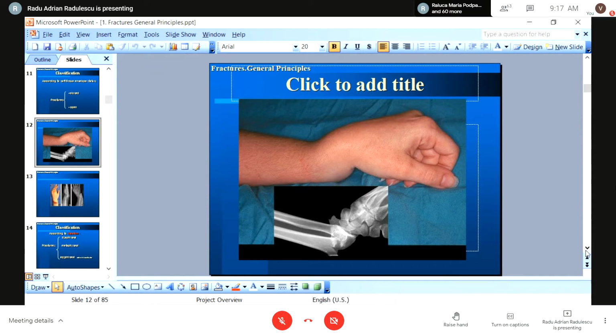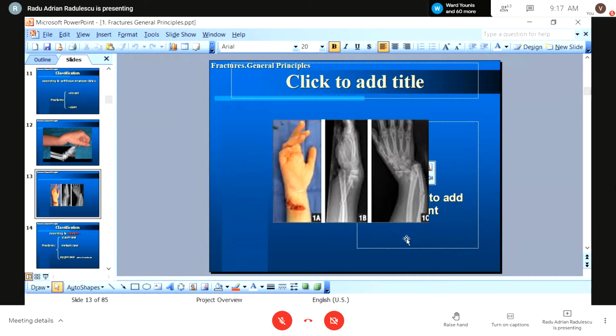Please be attentive that all these fractures that are only examples now will be detailed during the next lectures, when we'll talk about fractures of the upper limb, lower limb, column, pelvis, etc. So don't panic if you don't understand about the fracture that I'm only mentioning now, because they will be described in the next lectures. So this one is a fracture of the distal epiphysis of the radius. It's a closed fracture. And here we have the X-ray, which corresponds to this type of fracture.